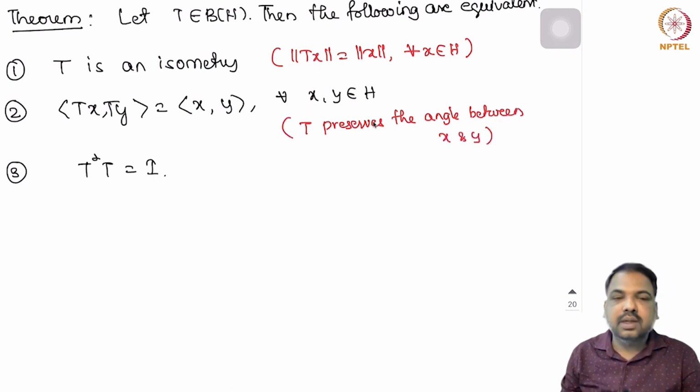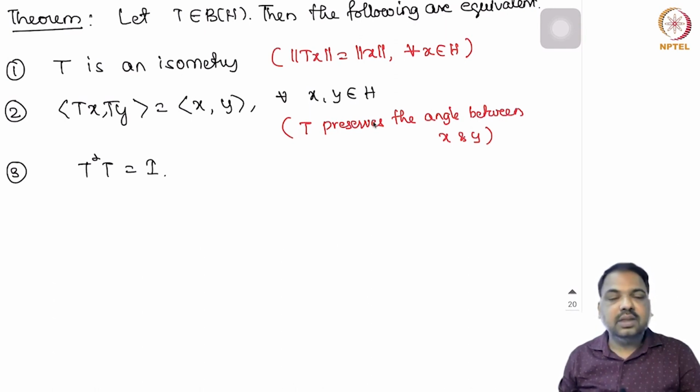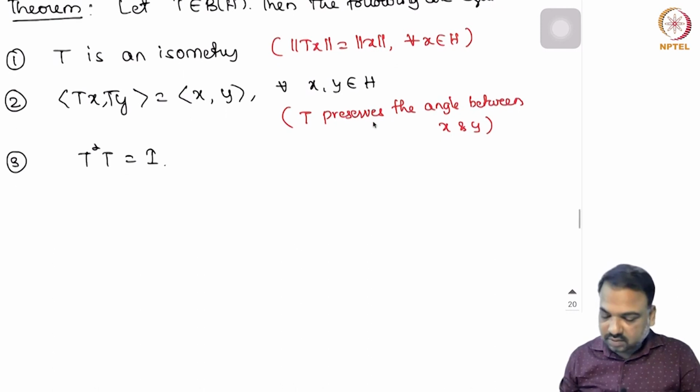So preserving inner product is nothing but preserving the angle. And the third condition is expressed in terms of the adjoint. Earlier we have defined self-adjoint operators and normal operators in terms of the adjoint only. But when it comes to isometry, we have defined it in terms of the distance, but that is also equivalent to the fact that T star T is identity. That means we can define isometry in terms of the adjoint of the operator.